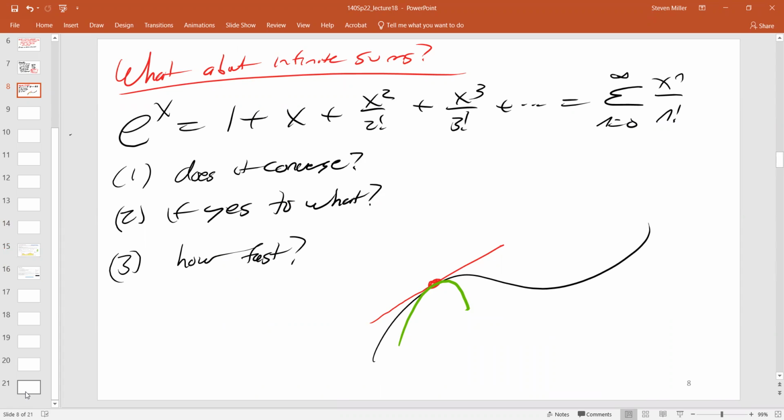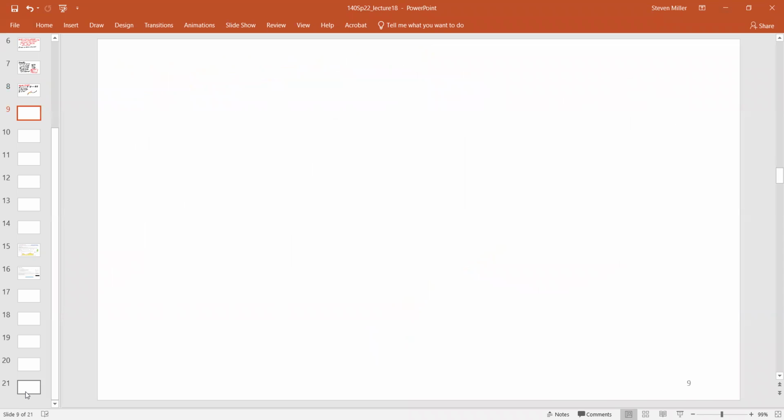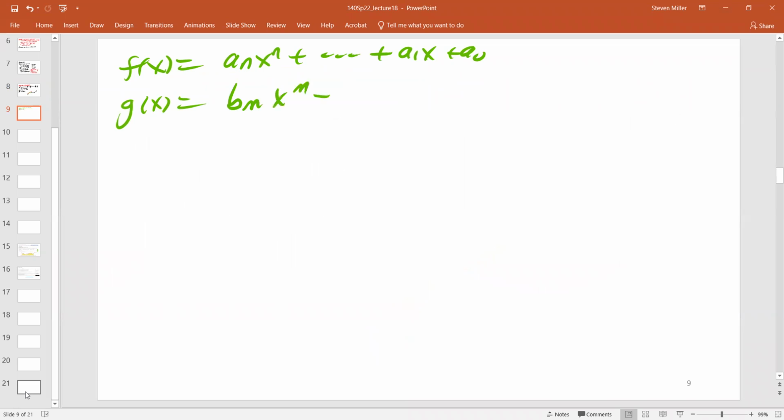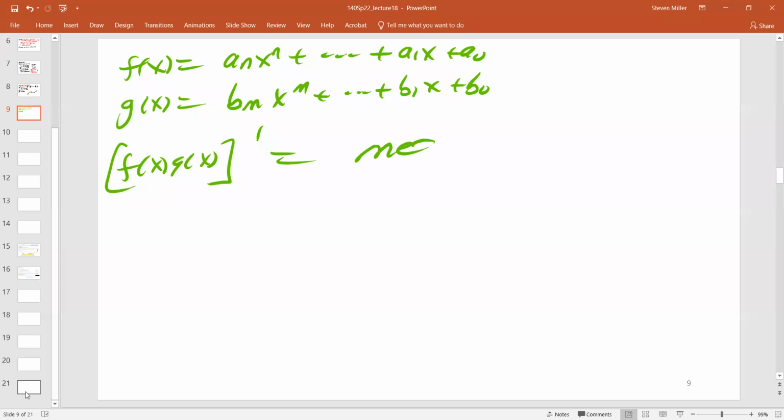One idea was when we were just looking at the product rule, we could actually prove it for any finite polynomial. Another way we could have done it is we could have said, f of x is equal to a_n x to the n plus dot dot dot plus a1 x plus a0, g of x is equal to b_m x to the m plus dot dot dot plus b1 x plus b0, and then look at f of x, g of x, and do the mess.